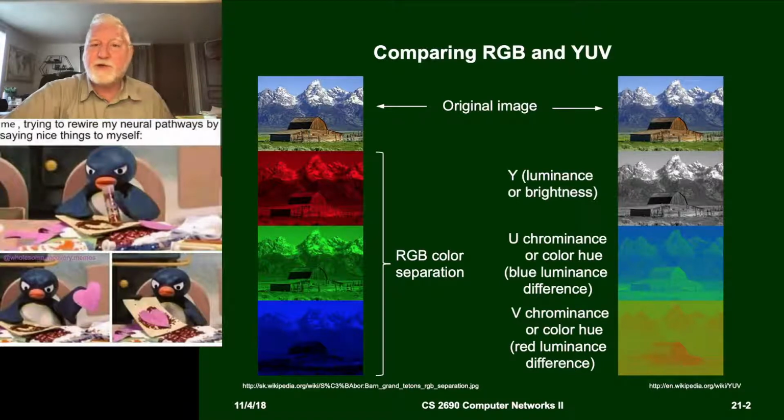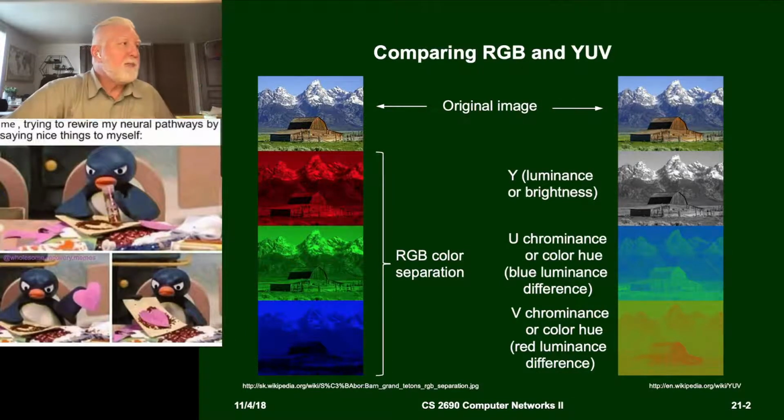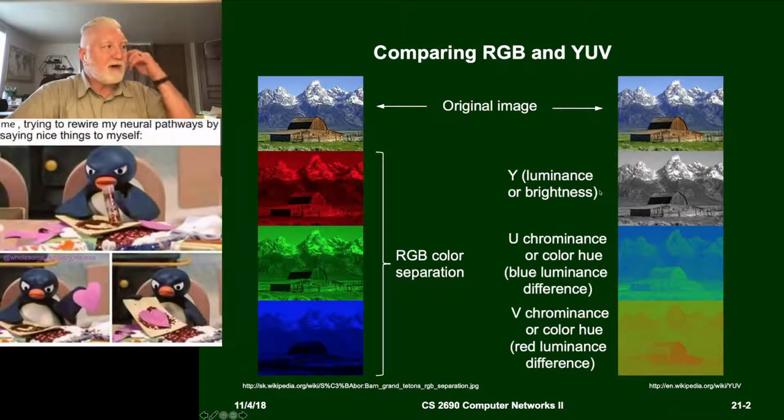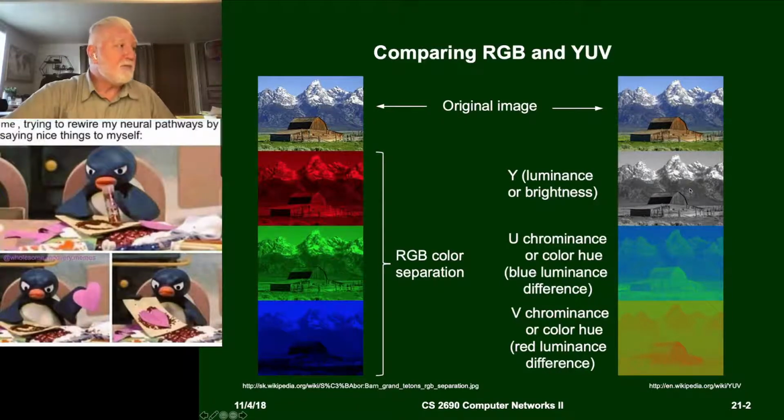And when we do the kind of graphics you've probably played around with, you're used to seeing some resolution of red, green, and blue. Well, it turns out that there's a different one called YUV, and it has some other names. But the idea with YUV is that it separates out the luminance or the brightness as a separate image, and then what they call U chrominance and V chrominance.